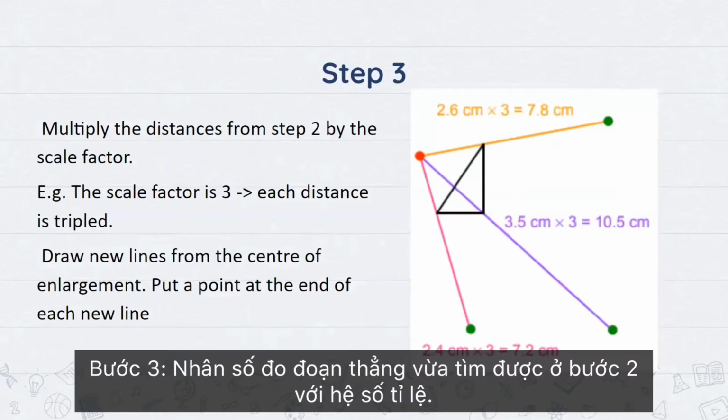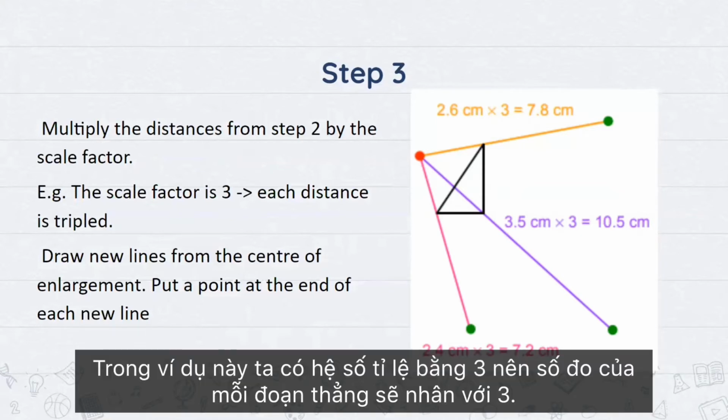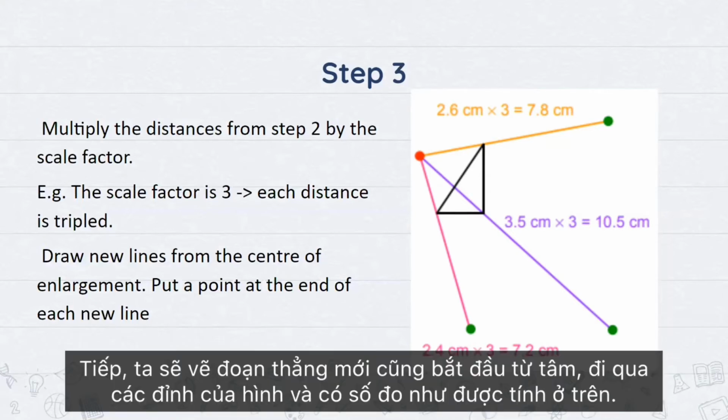In step 3, you have to multiply the distance from step 2 by the scale factor. In my example, the scale factor is 3, so each distance is going to be tripled, and you have to draw new lines from the center of enlargement, passing through each point on the object and continuing until they have the new length.